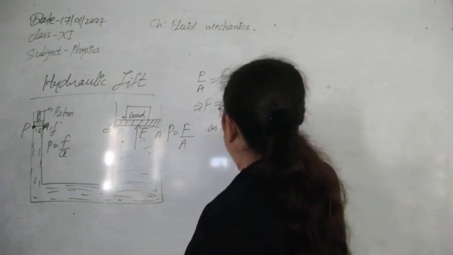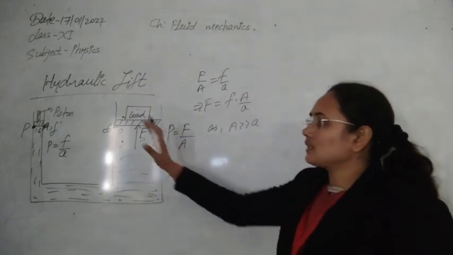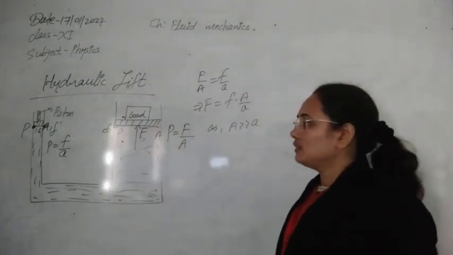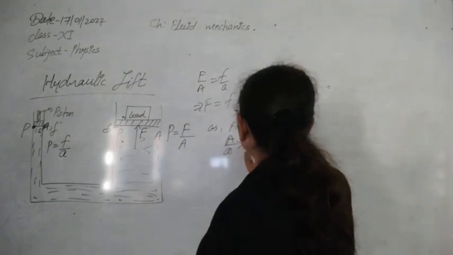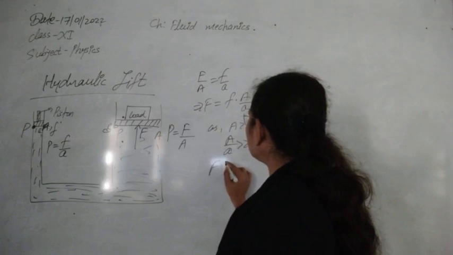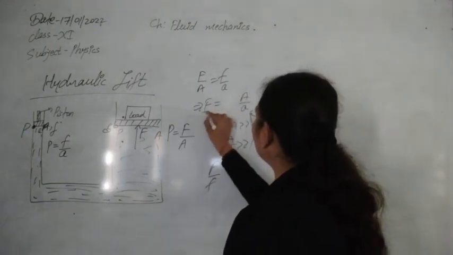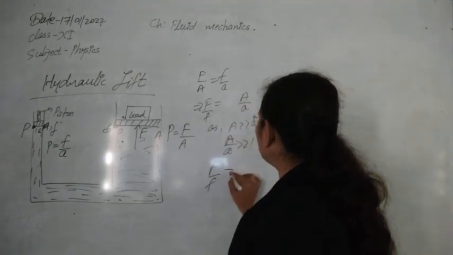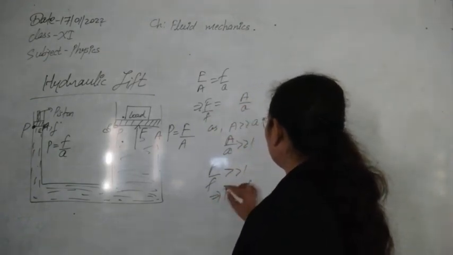As we know, capital A is much greater than small a, since that area is larger than this one. So A by a is much greater than 1. From here, F by f equals A by a, which is also much greater than 1, so F is much greater than small f.